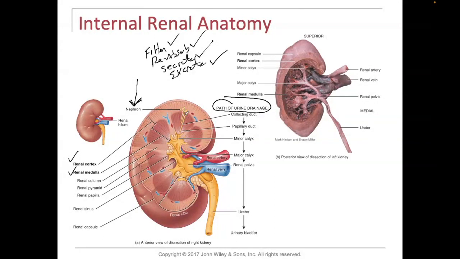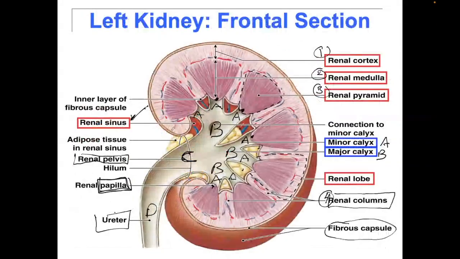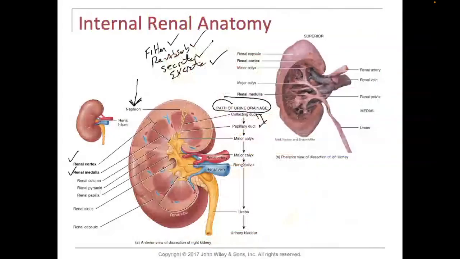When it decides we're going to excrete and push this outside of the body, it goes through this nephron, through this collecting duct right here. The collecting duct goes into a papillary duct. The reason I bring this up is that I said renal papilla right here at the apex of each pyramid.